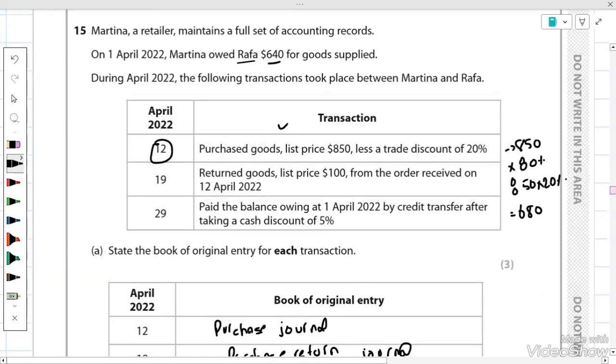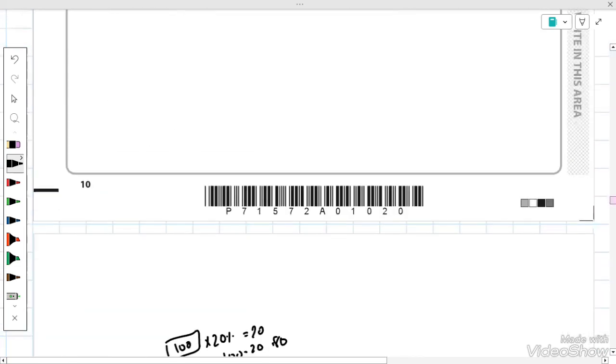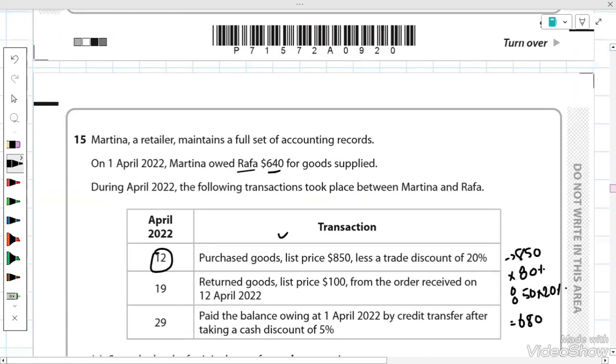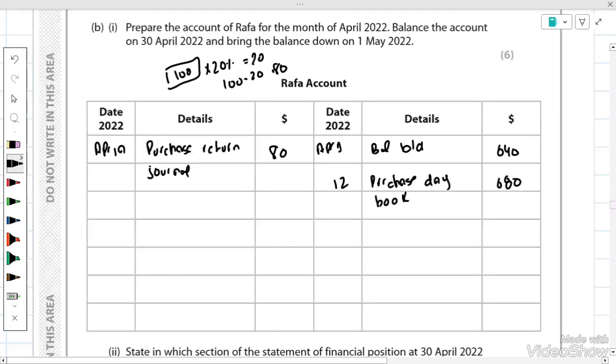Okay, so on 29 April, paid the balance owing at first April. At first April we owed Rafa $640, paid by credit transfer after taking a cash discount of 5%. So that was 640. First of all, know what the cash discount was.